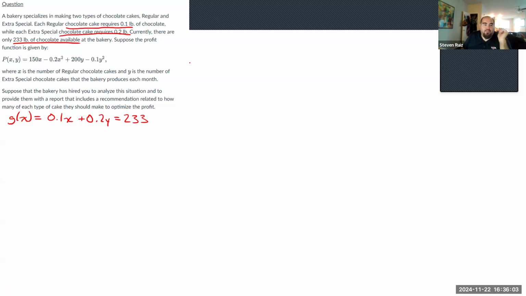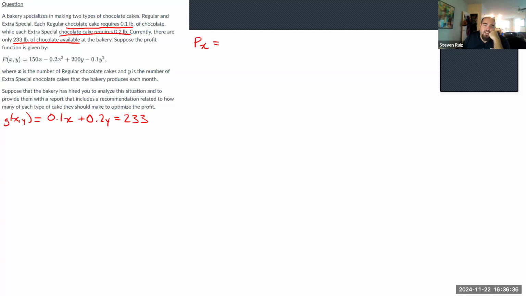So how do those work? I am so used to using single variable functions. This is really G of X and Y. So here's what I want to do. I need partial derivatives. Let's take the function I'm trying to optimize and find both of its first order partial derivatives. The partial derivative of P with respect to X: let's go term by term. What's the partial derivative of 150X with respect to X?